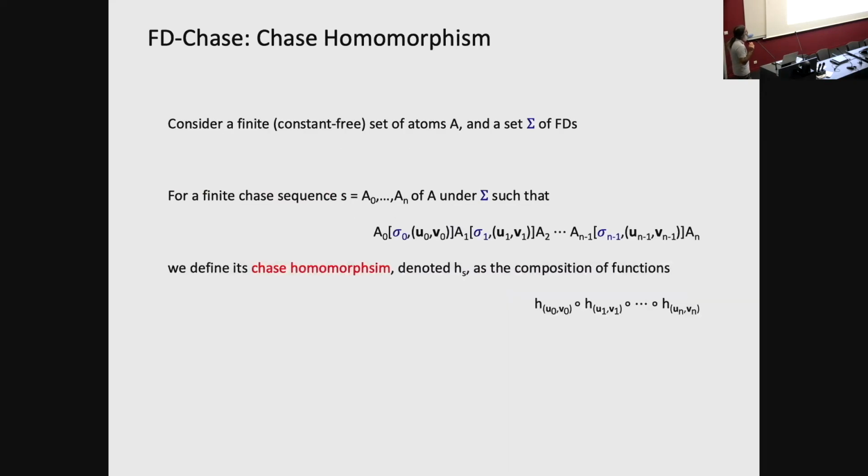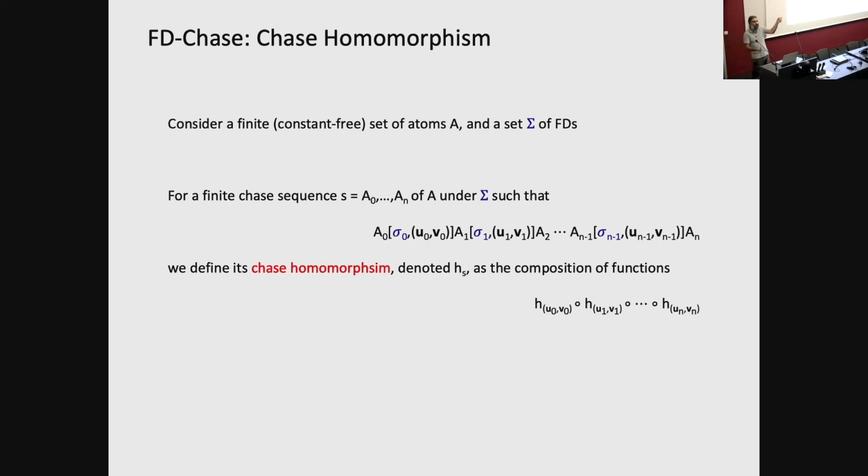And the last bit that I would like to introduce before going to the key properties of the chase for functional dependencies is the notion of chase homomorphism, which allows us to keep track of how variables are modified. So if I start from the very first set, the given set, I may replace, for example, X with Y, and then at the subsequent step, Y may be replaced with Z, and then Z with W, and so on and so forth.